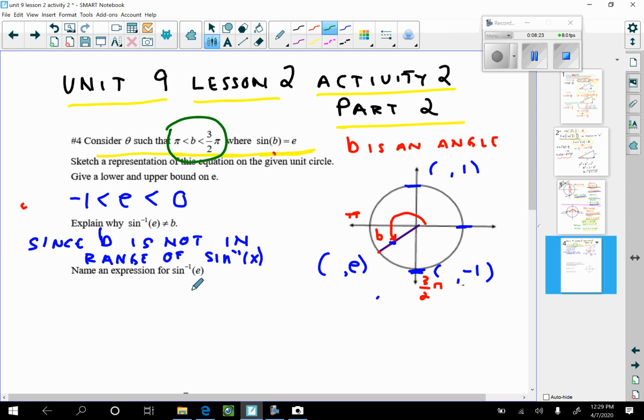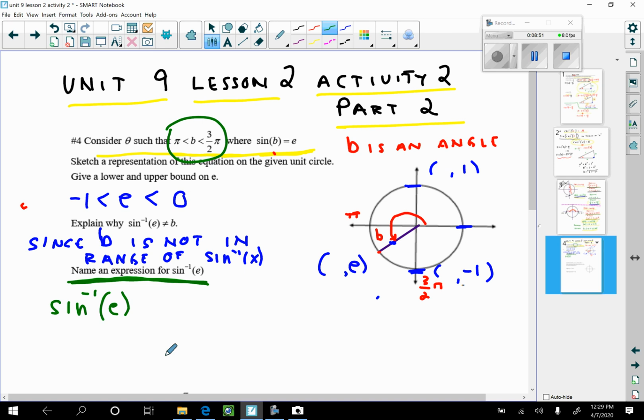So what I want then, and this is a bit hard to determine what I'm asking here, is an expression for inverse sine of E. I want to evaluate with respect to our problem, what is inverse sine of E? If it's not equal to B, what is it in terms of B?